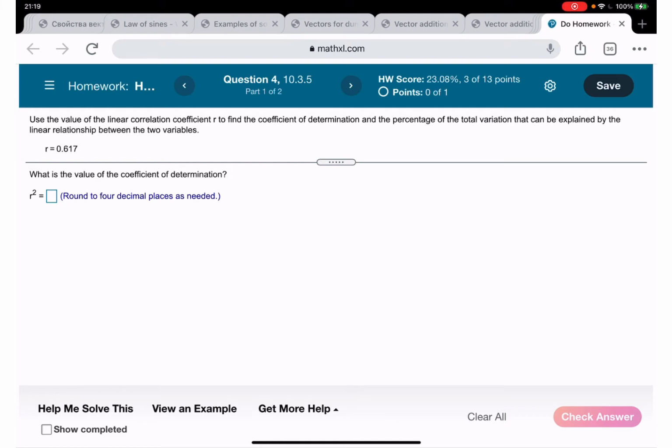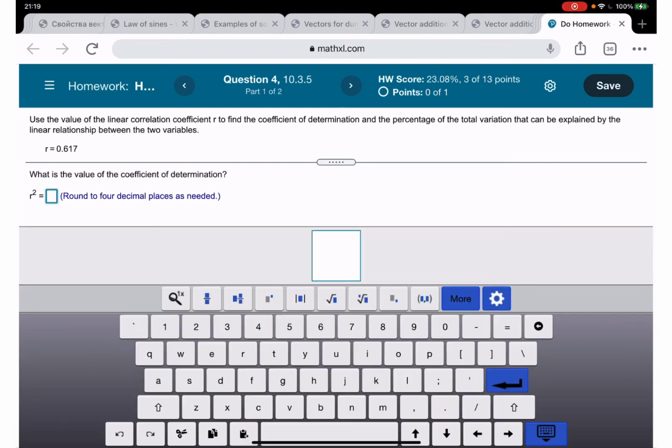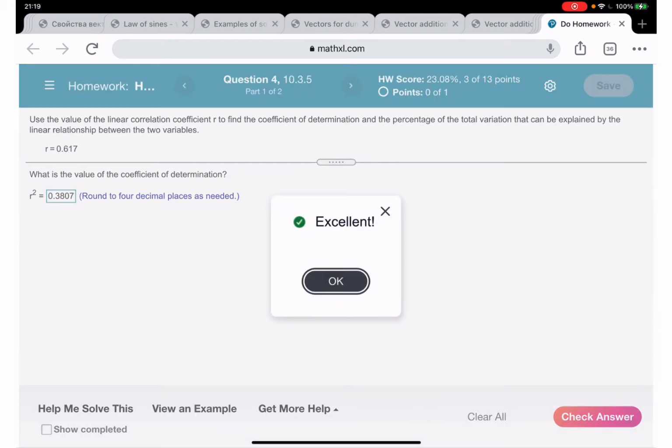What do we have in this case? We need to find the coefficient of determination, and we already know what to do. 0.617, we square it and round to 4 decimals. So it's going to be 0.3807. Okay, very good.